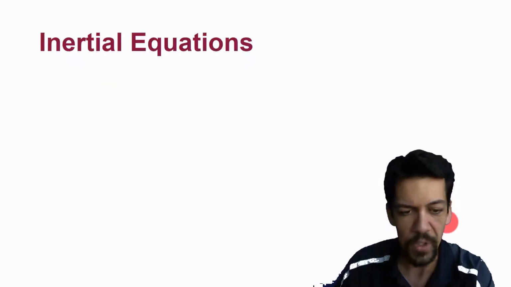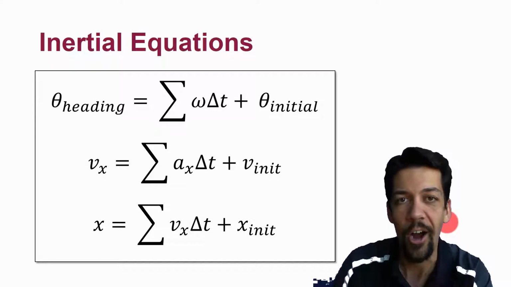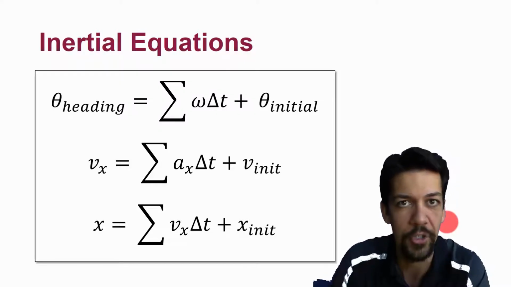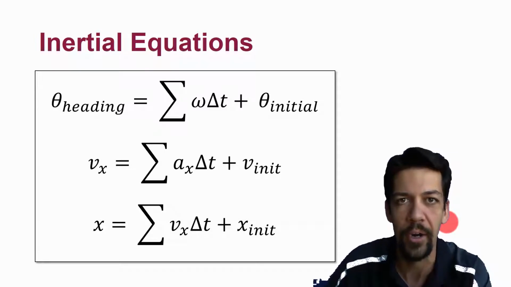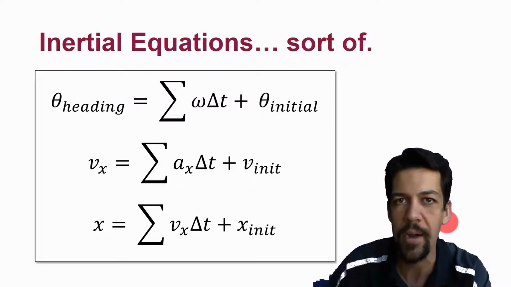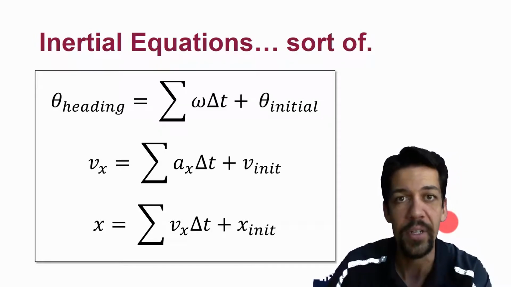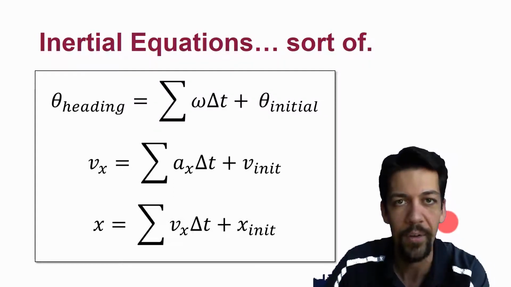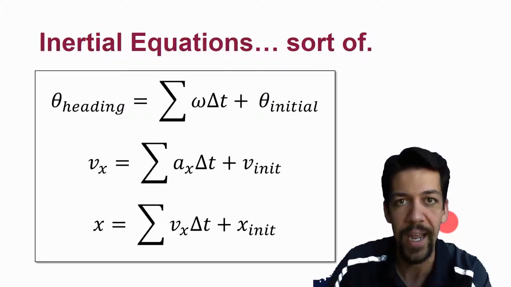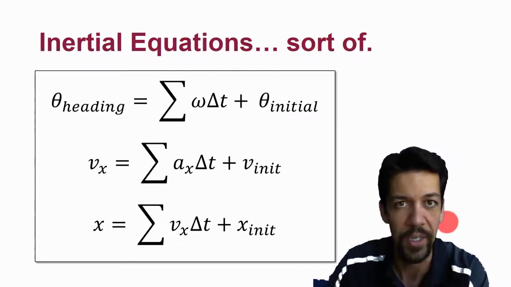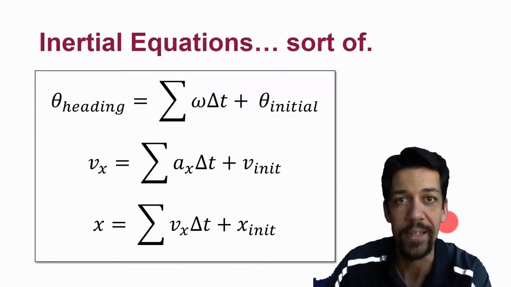Now, all of these things together are what we call our inertial measurement equations. And this is what we can use to figure out our position, but it gets way more complicated than this. Because notice that the heading is only one of our angles, and we've got three different angles, and we've only done the x position here, and we've got x, y, and z.